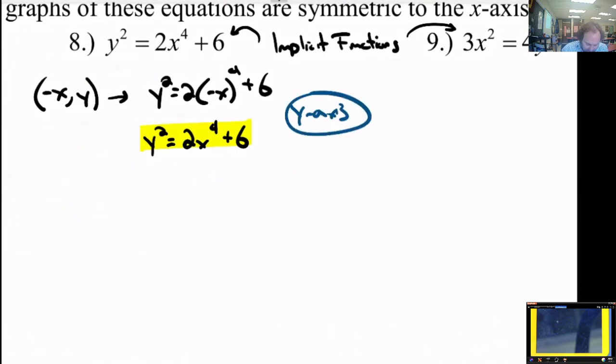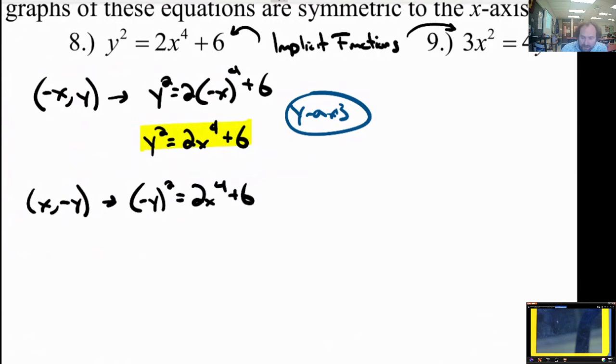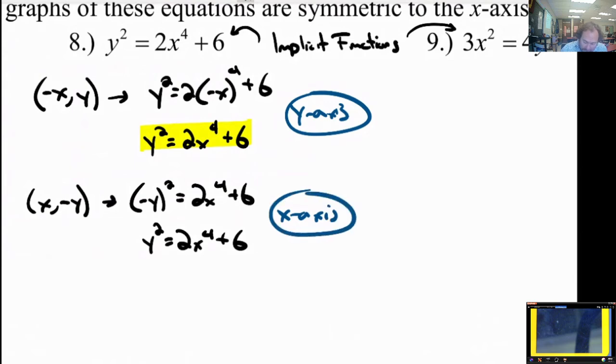Let's check x-axis next, which would be x, negative y. In this case, we would get negative y squared equals 2x to the 4th plus 6, which again is the same as the original equation. It's because of the even exponents that are going on there. So again, x-axis symmetry totally works. And I believe the third one also works.